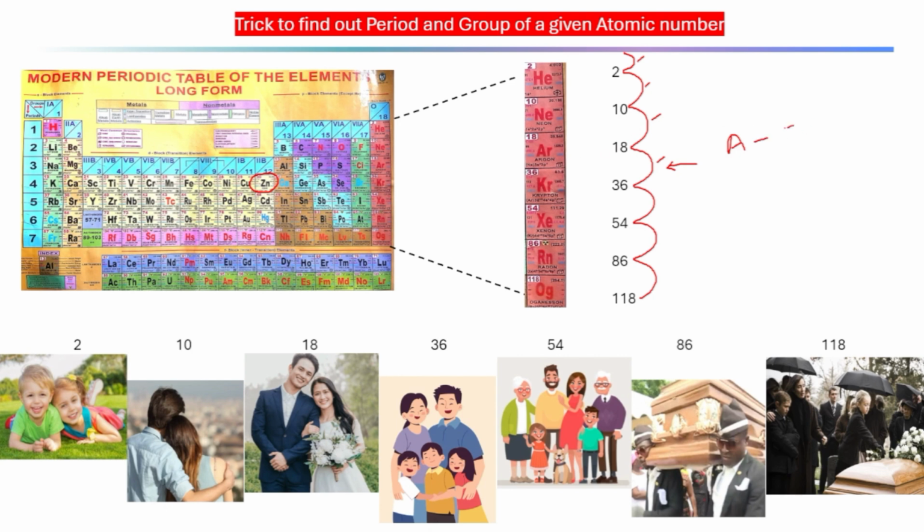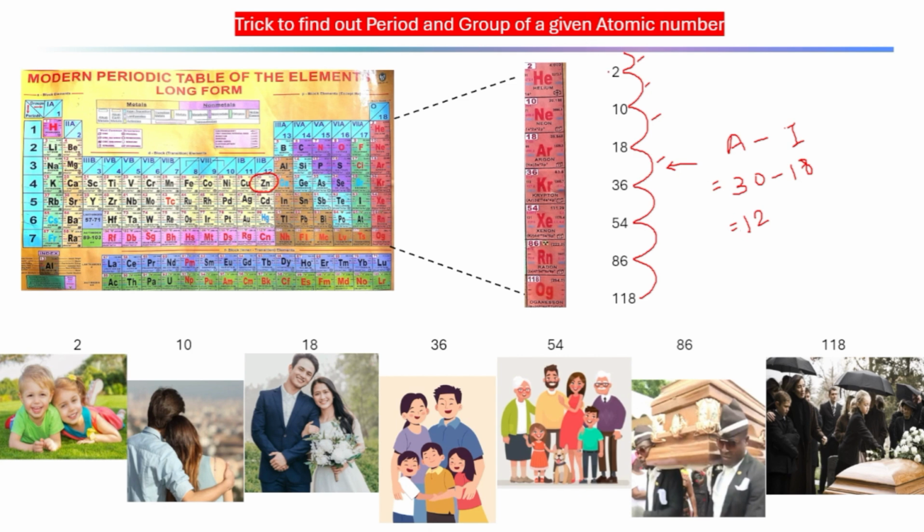So you do 30 minus 18, since the previous inert gas has atomic number 18, and you will get 12. So this element will be in period 4, group 12.